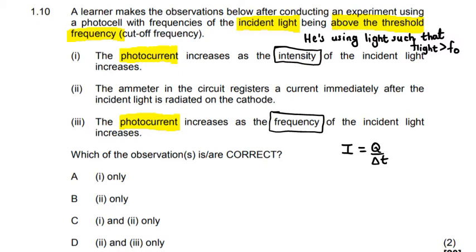Let's try to pull these things back. If you're going to use light that has a frequency greater than the threshold frequency, and you increase the intensity of that light, what are you doing? Intensity increases the number of photoelectrons.